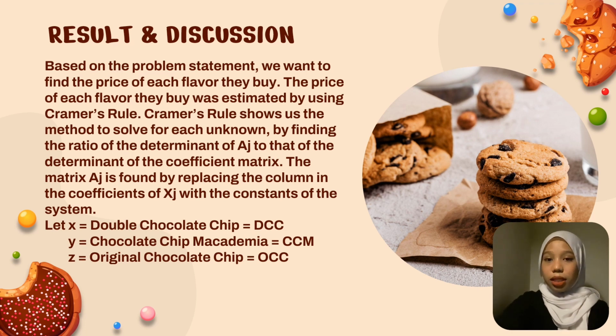The matrix Aj is found by replacing the column of the coefficient of xj with the constants of the system. Let x be double chocolate chip (DCC), y be chocolate chip macadamia (CCM), and z be original chocolate chip (OCC).